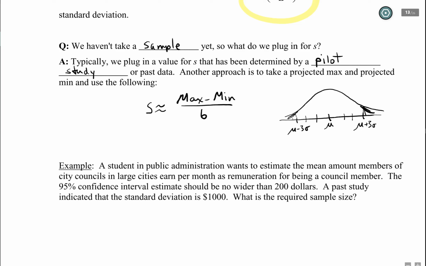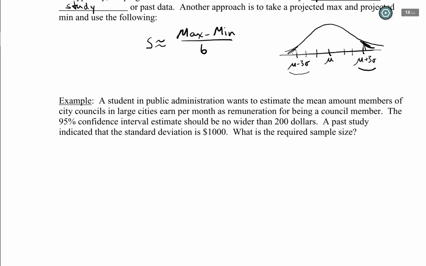And if I treat this as a practical max and this as a practical min, the difference between those two divided by 6 will give me a good sense of what the standard deviation would be. Now it's not a perfect approach, but it's an approach that can be used here.